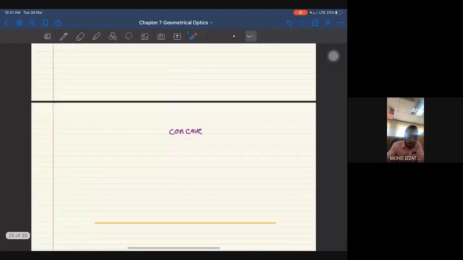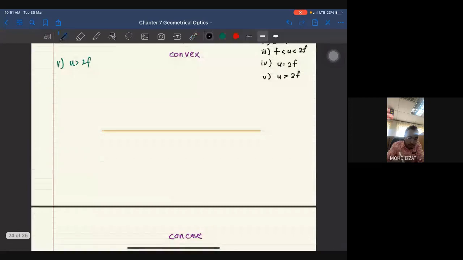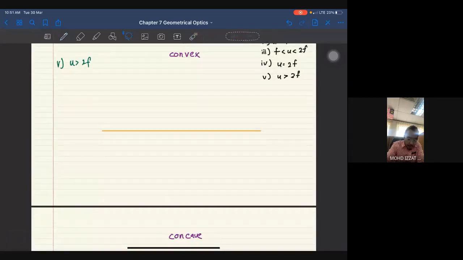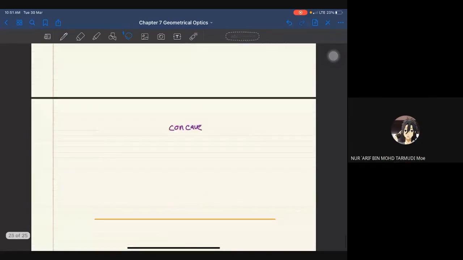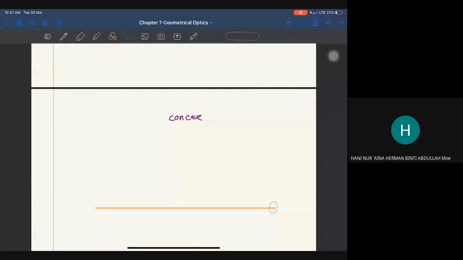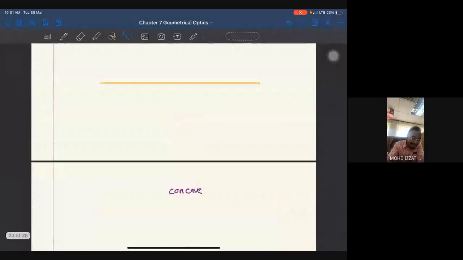Okay, nanti kita tengok. Okay, now to draw macam biasa. Mula-mula draw apa? Kalau nak bikin ray diagram. Line. Line apa ni nama dia? Principal axis. Principal axis ni masalah students.